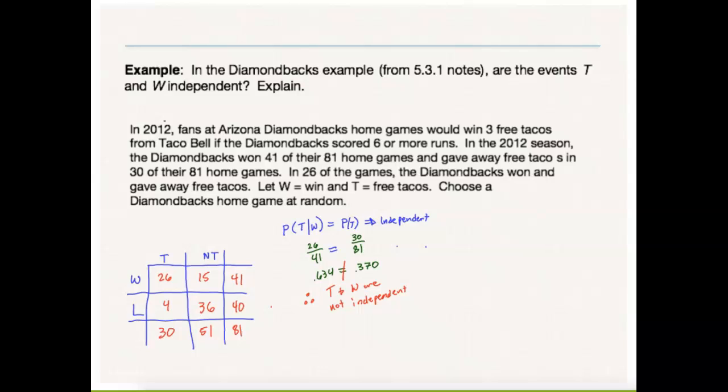But since those probabilities are not the same, events tacos and winning are not independent. Meaning knowing that one occurred does influence the probability of the other one occurring. Okay? And so this is the work I would need to see to prove whether or not these are independent. If they came out equal, they would be independent.